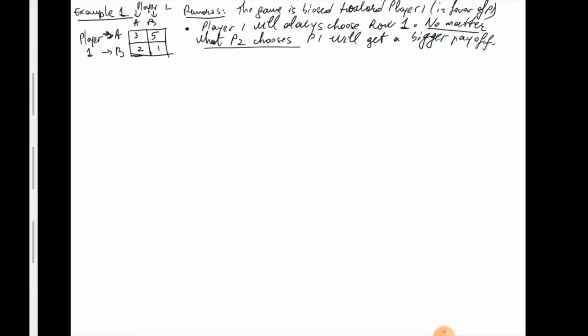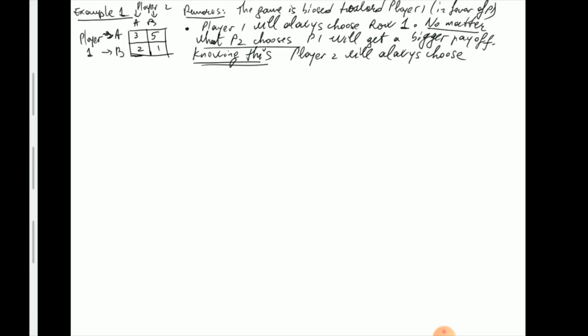But knowing this, and that's the key thing, player 2 will always choose, and maybe pause a little bit and see if you understand what the rational choice is in that case for player 2. Okay, so pause for a moment and see if you can answer this.